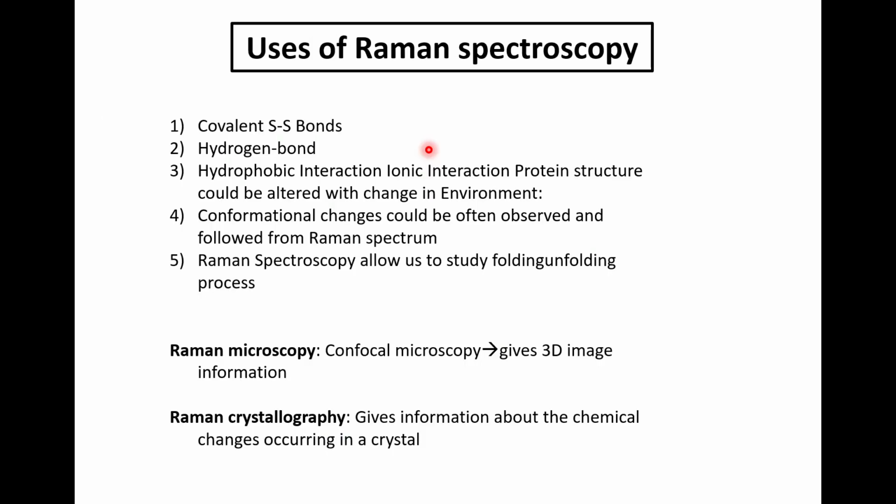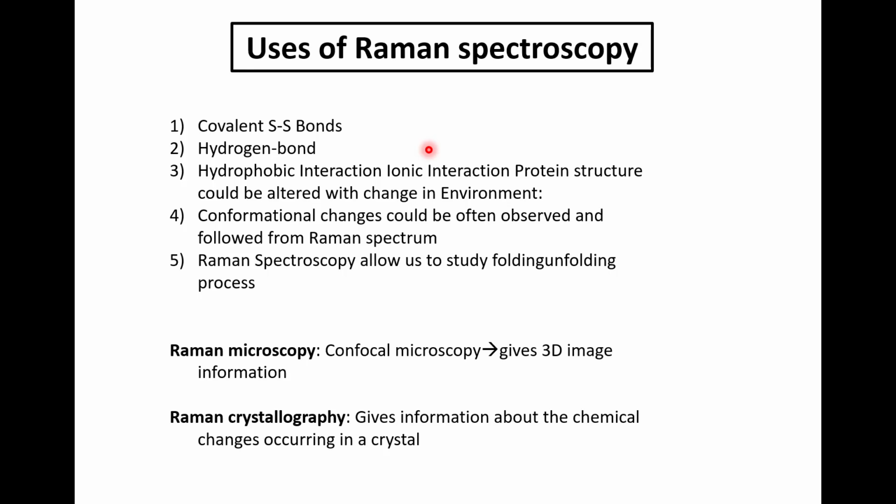What are the uses of Raman spectroscopy? You can detect the covalent disulfide bonds, if any are present in your sample, because various chemical groups have different kinds of Raman spectra as compared to one another.